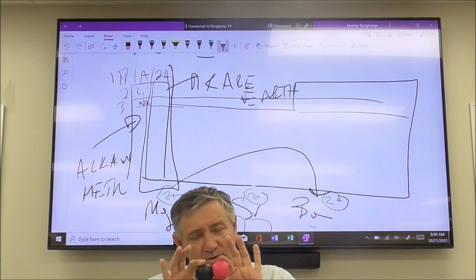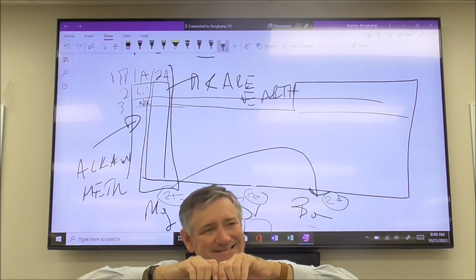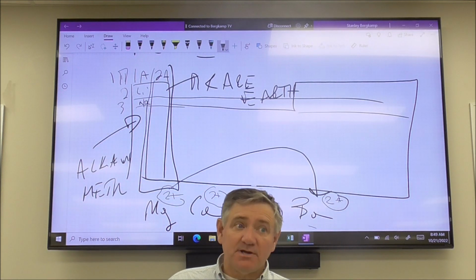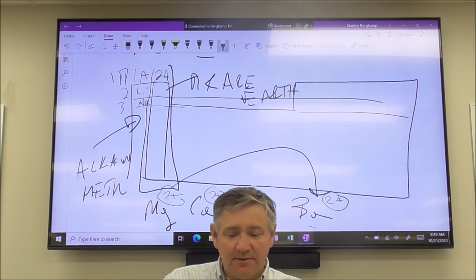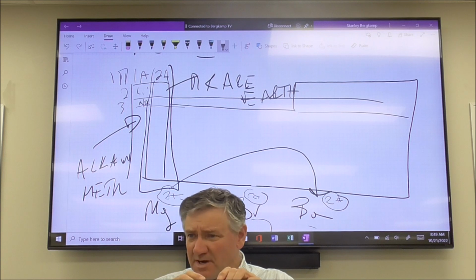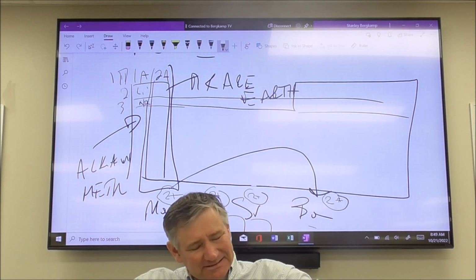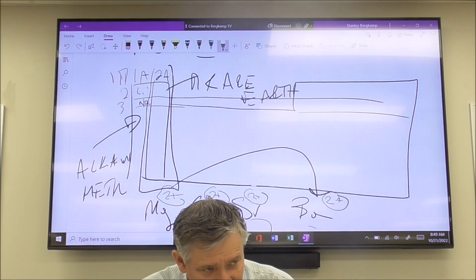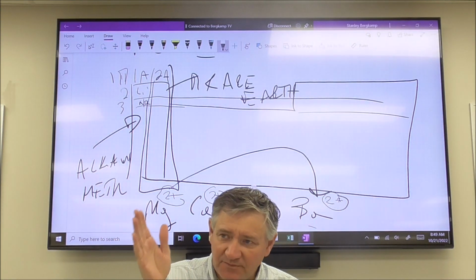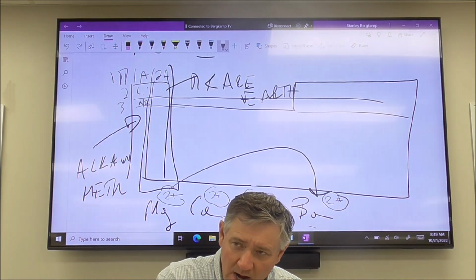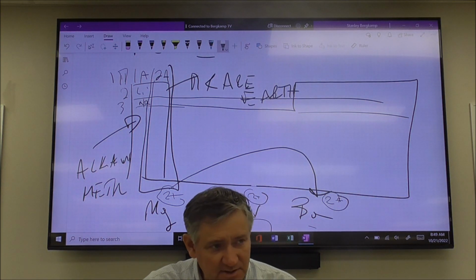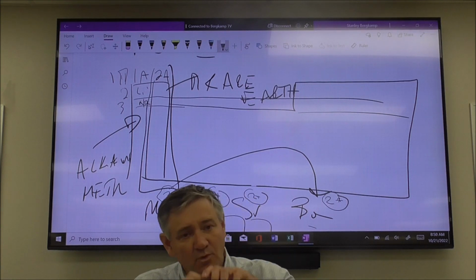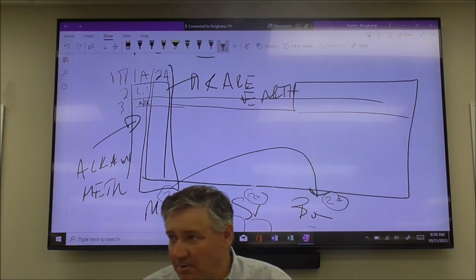If these were really strong magnets, I'd have to pull really hard to break them apart because the attractive force is so strong. I can pull these apart with a little bit of effort, not a whole lot. So first ionization energy is a reflection of how strongly the electrons are held. The higher the first ionization energy, the more effort it takes to pull them apart.